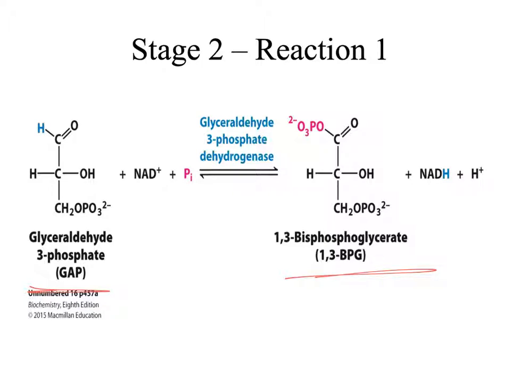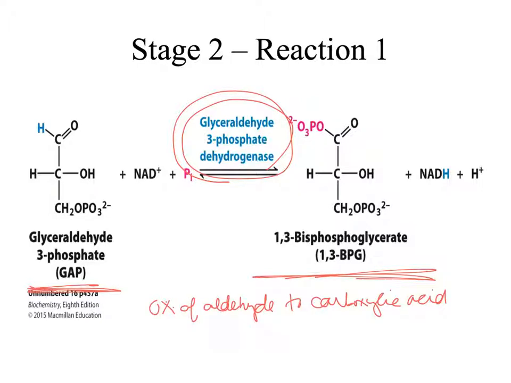This particular reaction that takes place, so your glyceraldehyde 3-phosphate to 1,3-bisphosphoglycerate occurs through this enzyme glyceraldehyde 3-phosphate dehydrogenase. And this actually occurs as the sum of 2 individual processes. We have oxidation of an aldehyde to a carboxylic acid, and this occurs using NAD+.